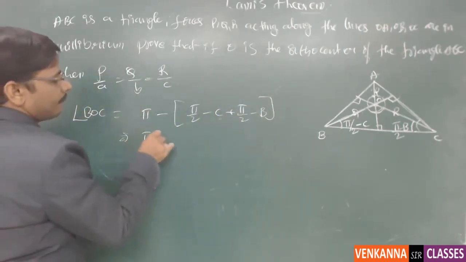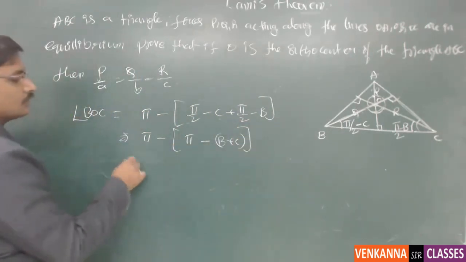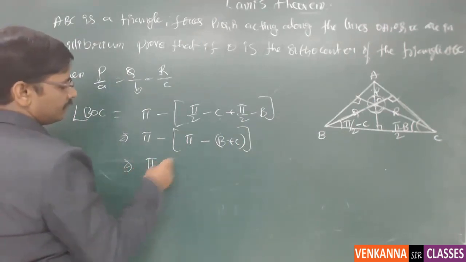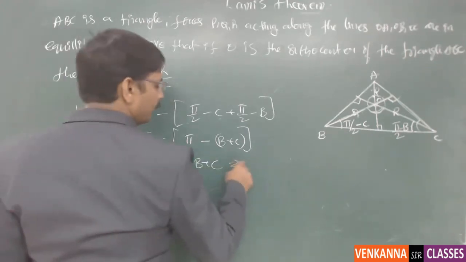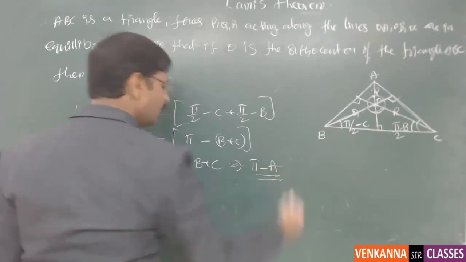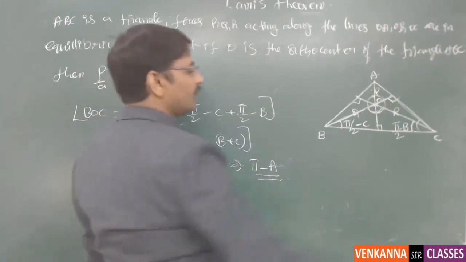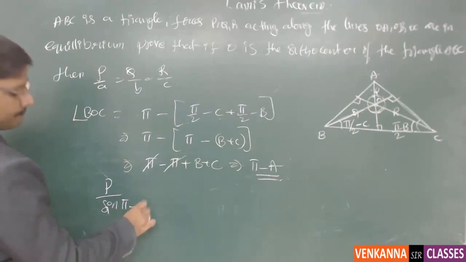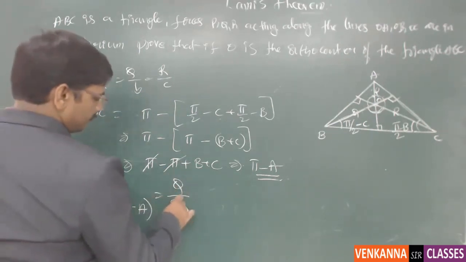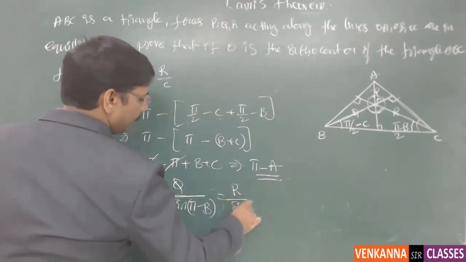So this is pi minus (pi minus B plus C), which is pi minus pi plus B plus C. These two will cancel out, and B plus C is nothing but pi minus A. So finally you get that this angle is pi minus A. Similarly, the other angles are pi minus B and pi minus C. If you apply Lami's theorem on that, then P by sin(pi minus A) is equal to Q by sin(pi minus B) is equal to R by sin(pi minus C).